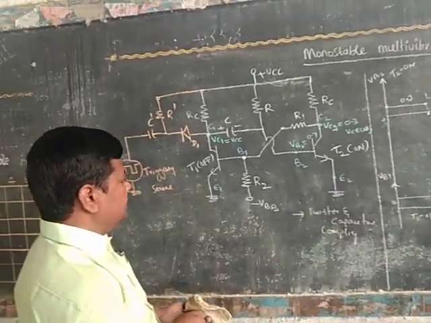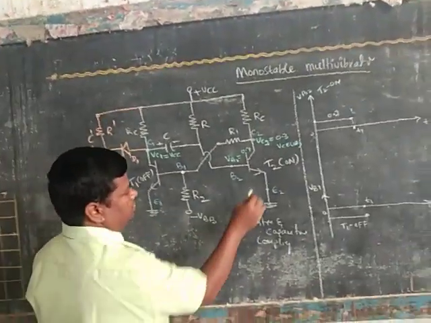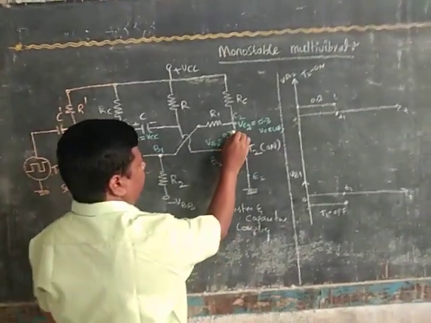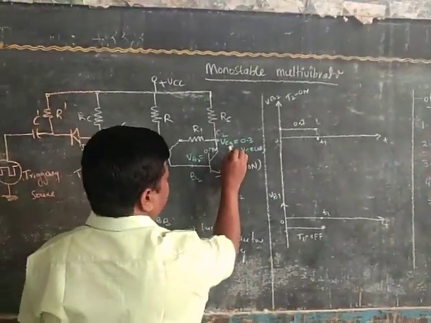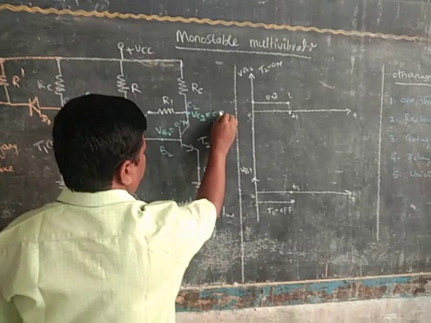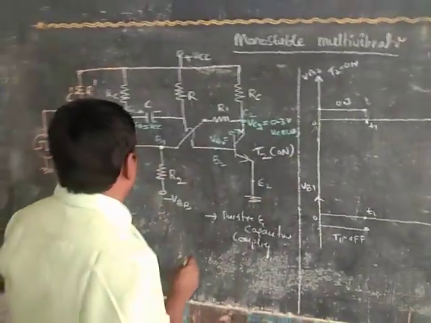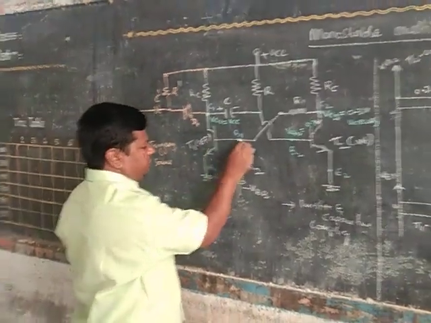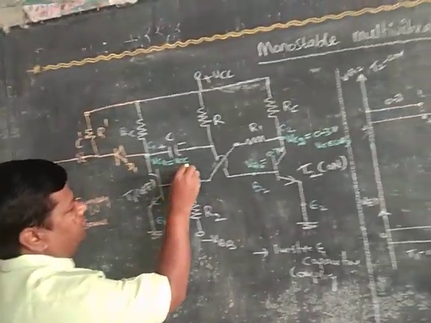Observe here the voltage levels. Before applying the triggering signal, T2 on, its base voltage 0.7 volt. Similarly, its collector voltage VC saturation 0.3 volts. And coming to T1 off, its base voltage is somewhat negative and collector voltage VC1 is equal to VCC.